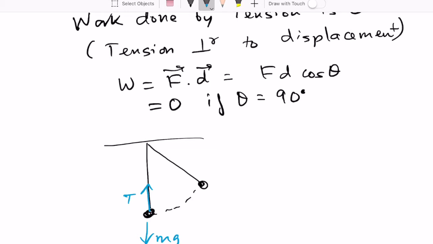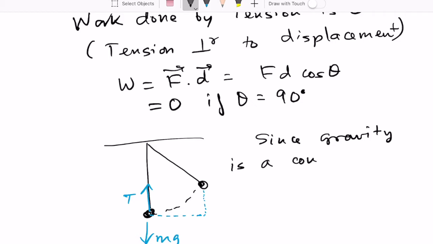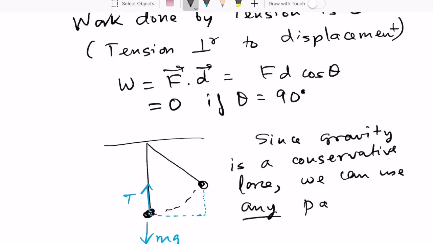So you can replace the actual path taken by the object, which is the circular arc, by a fictitious path, which goes like this. The advantage of taking this fictitious path is that it's just easy for us to calculate the work. So since gravity is a conservative force, we can use any path to calculate the work.